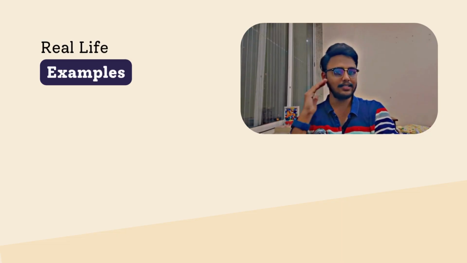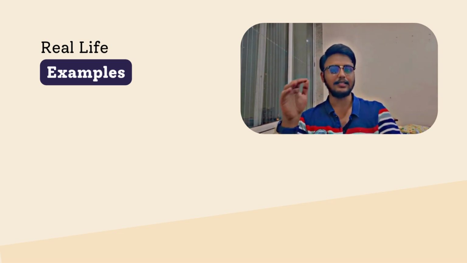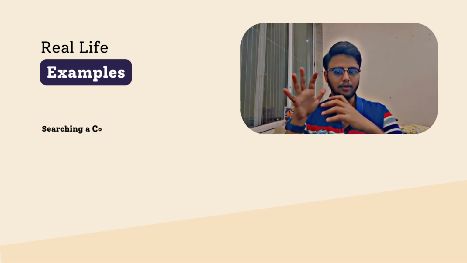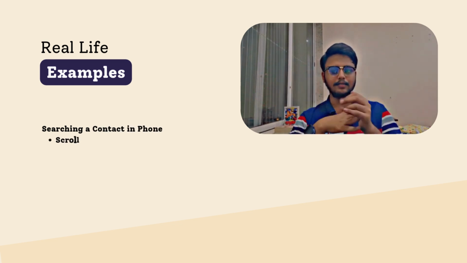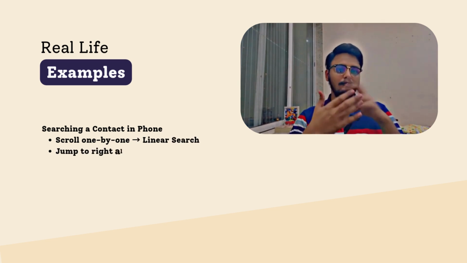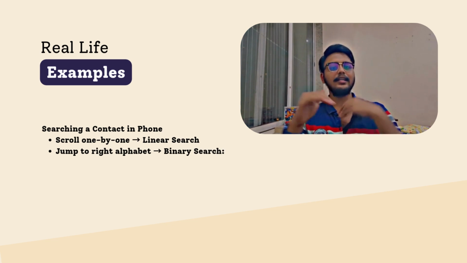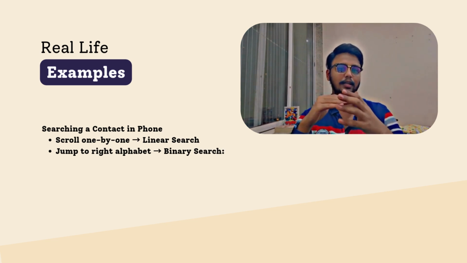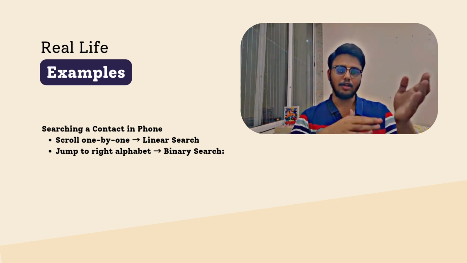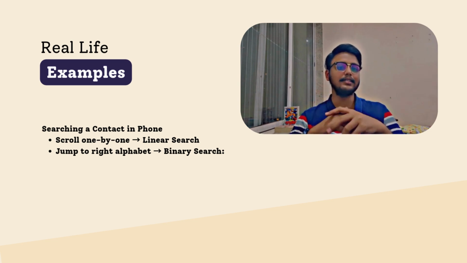So let us understand this using real life examples. Let's take the example of searching for a friend's name in my contact list. What would I do? I would just scroll down one by one until I reach my friend's number, or just directly jump to the first letter of that alphabet, which is like the binary search logic, and the previous one, scrolling down one by one, is the linear search logic.